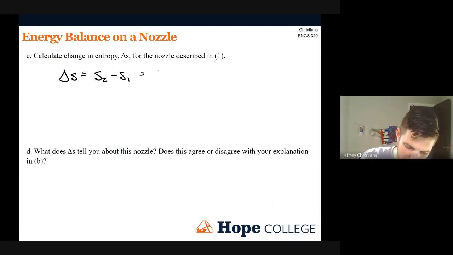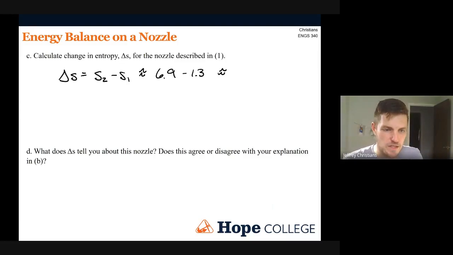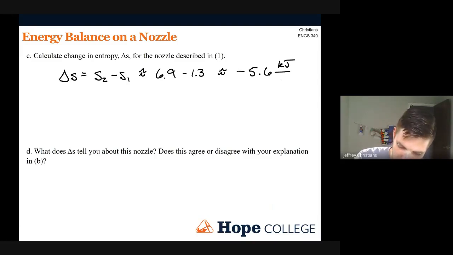So that would be like 6.9 minus 1.3. We'll write abouts because I'm not dealing with significant digits very well here, but you get the point. So this would be a negative 5.6 kilojoules per kilogram Kelvin.